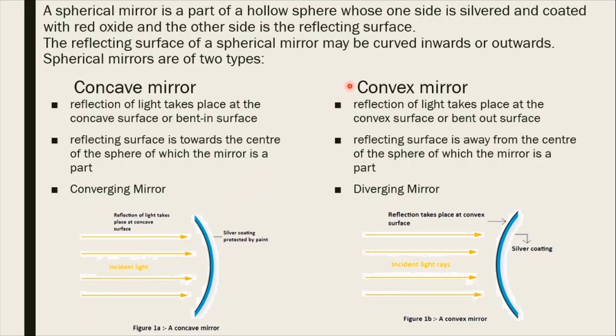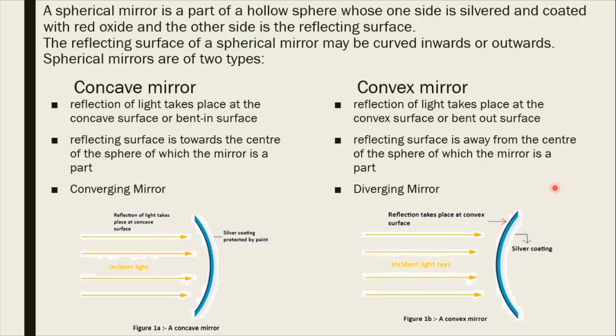Moving on to the convex mirror. A convex mirror is that mirror wherein the reflection of light takes place at the convex surface or the bent-out surface. The reflecting surface is away from the center of the sphere of which the mirror is a part.